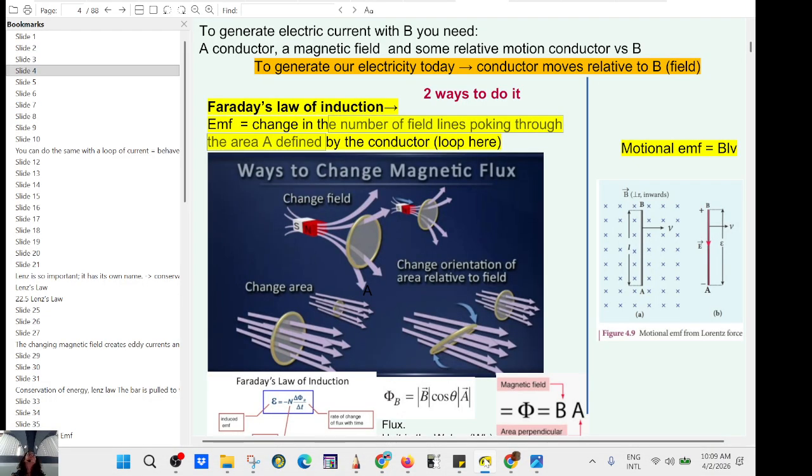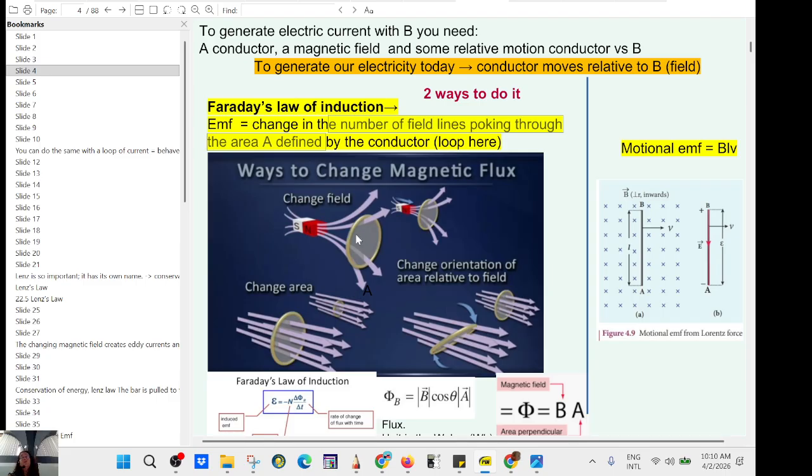Are you with me? Magnetic flux is like the electric flux. It's going to be the magnetic field times the area times the cosine of the angle between the magnetic field and the normal vector perpendicular to the area.